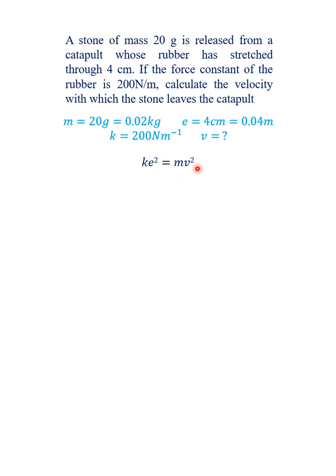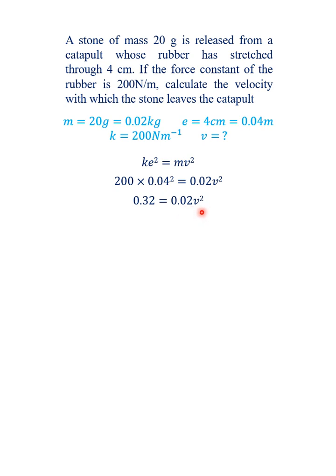So let's solve further. Ke squared equals mv squared. Let's put the values into this equation, and that gives us K is 200 times E is 0.04 squared equals M is 0.02 times V squared. This will give us 0.32 equals 0.02 V squared.